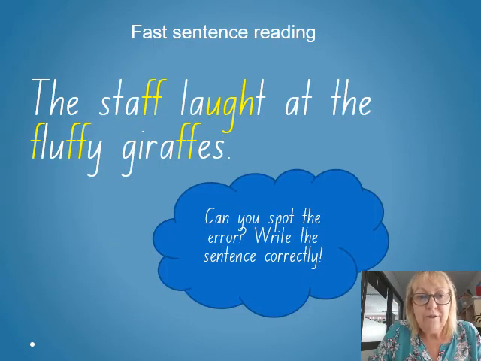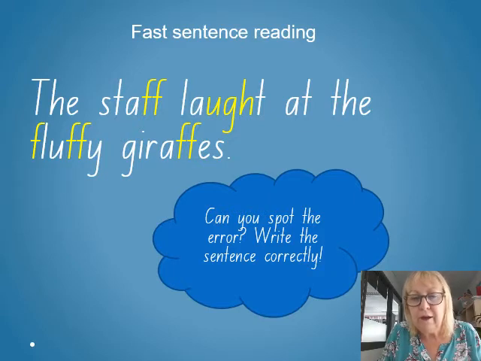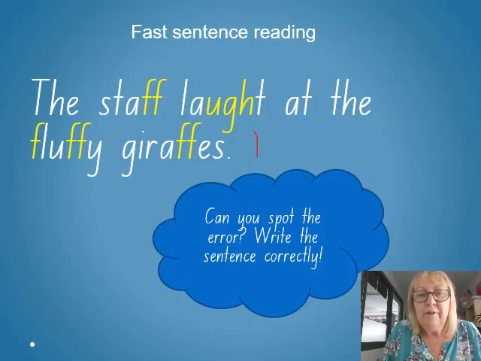Okay, fast sentence reading. Can you read this sentence for me? Can you spot the error? Let's have a look along here. Let's see where the error is. I think I might know where the error is. Can you see where the error is? The staff laughed at the fluffy giraffes.